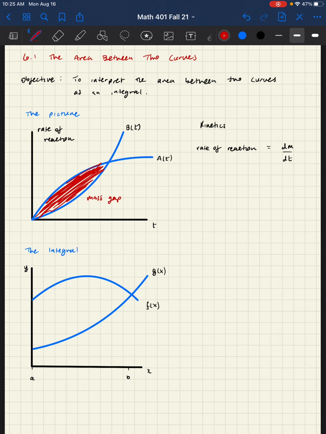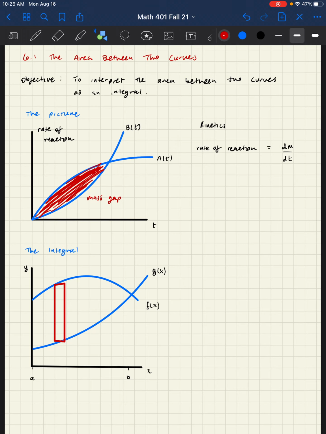And now I'm going to draw in a rectangle. Oh, close enough.